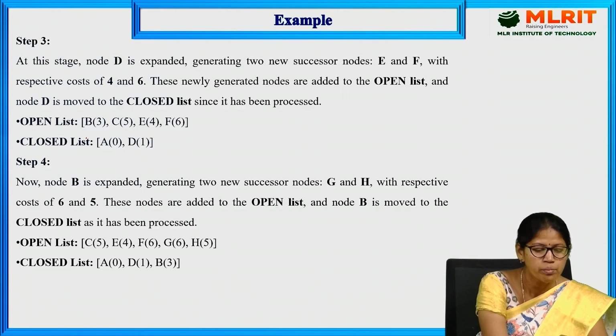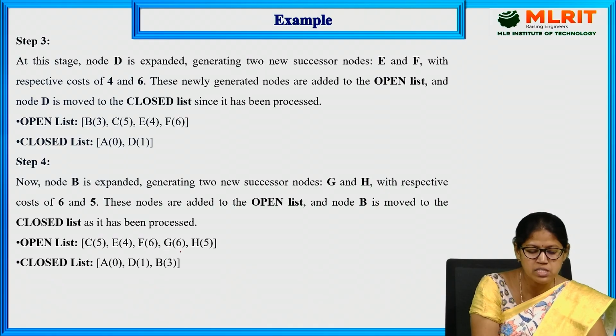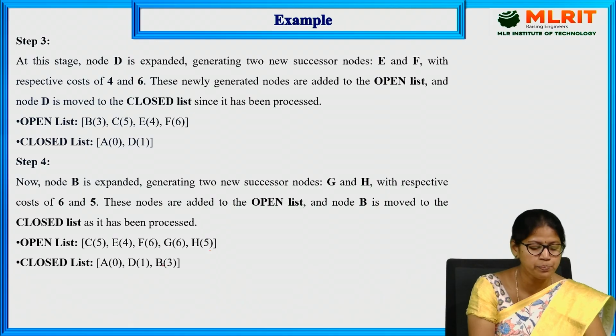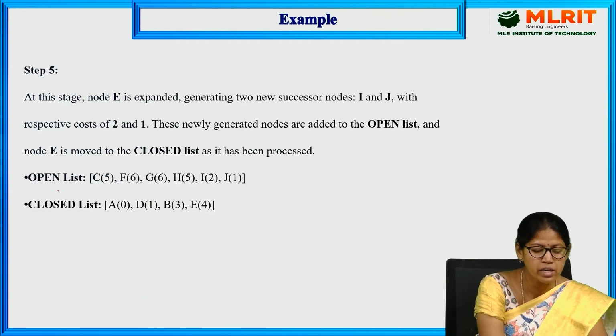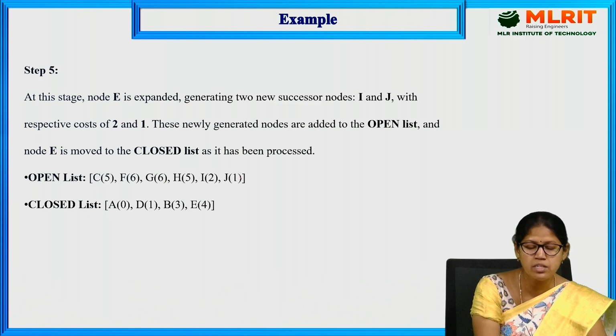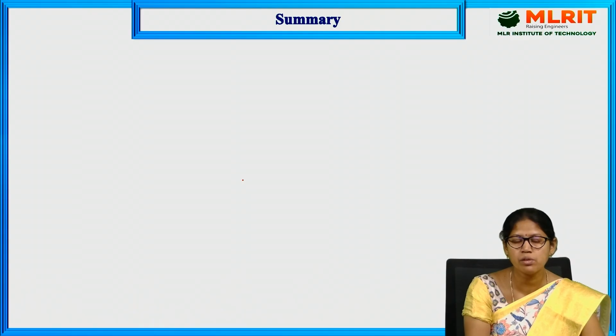Now B contains the smallest value, so it will be explored, giving C5, E4, F6, G6, H5. Already examined nodes are A, D, B. Next, in the last step, it contains C5, F6, G6, H5, I2, J1. Next, A, D, B, E, J is the optimal solution.